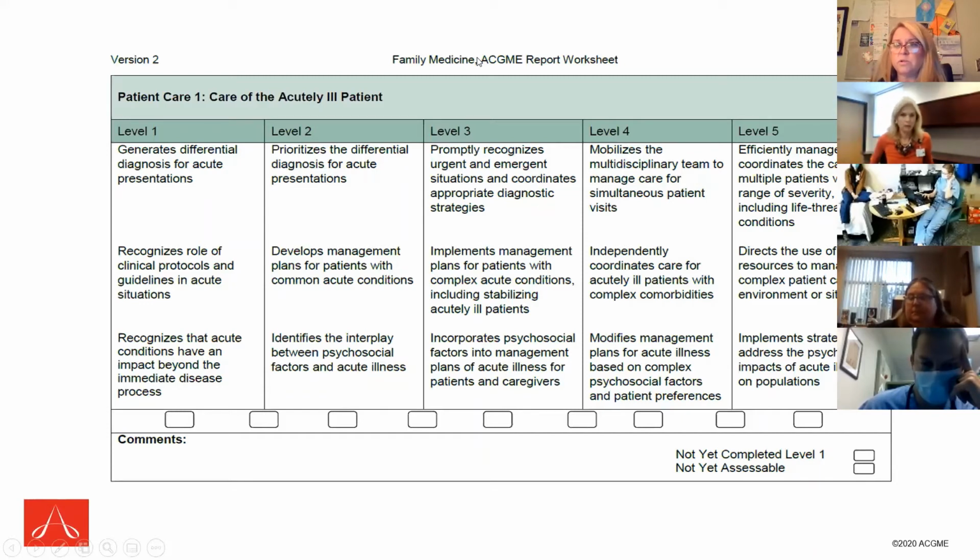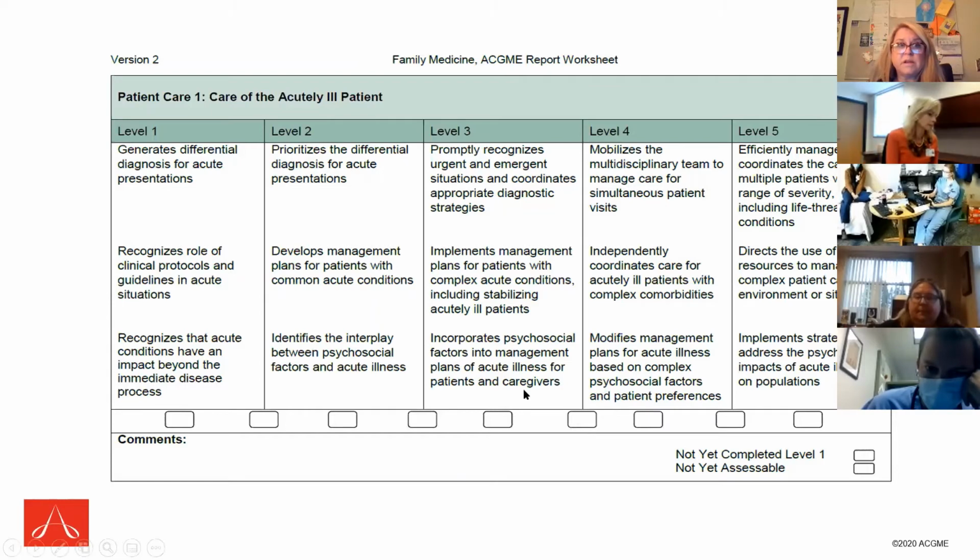They use resources to manage complex patient care environments, and you implement strategies to address the psychosocial impacts of acute illness on populations. So that's how you would grow in patient care, sub-competency 1, acutely ill patient.